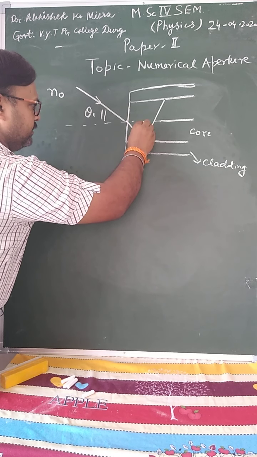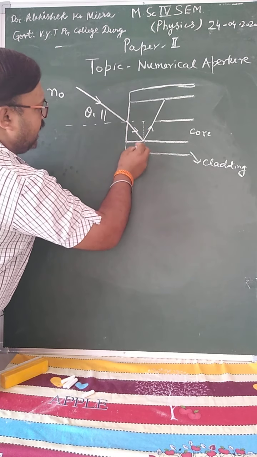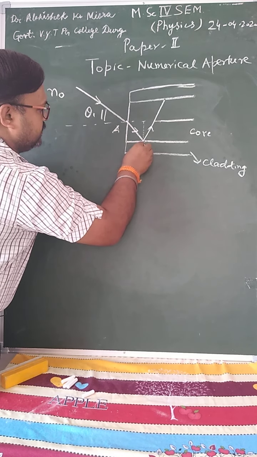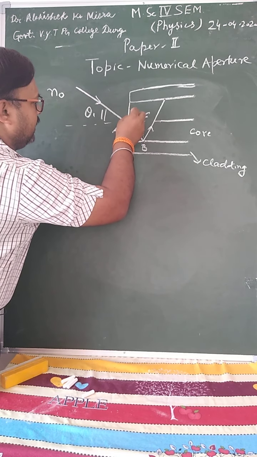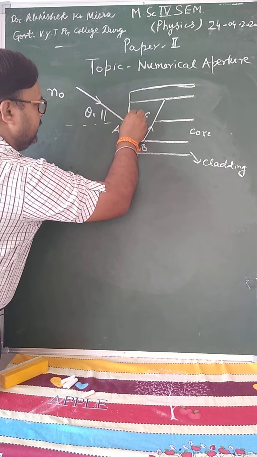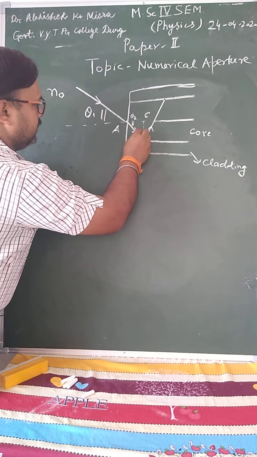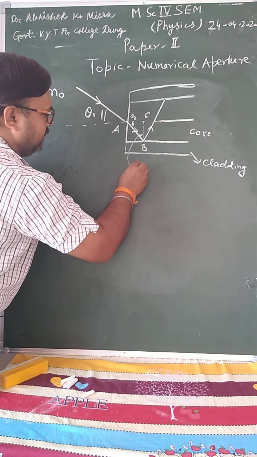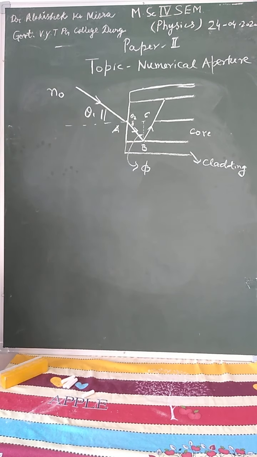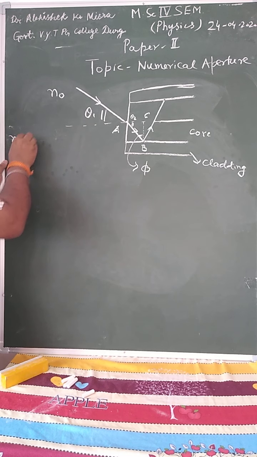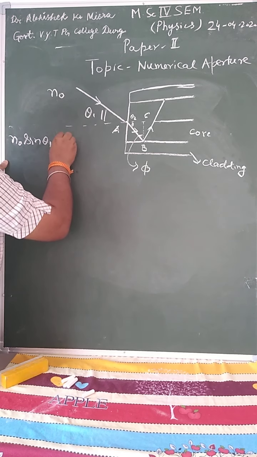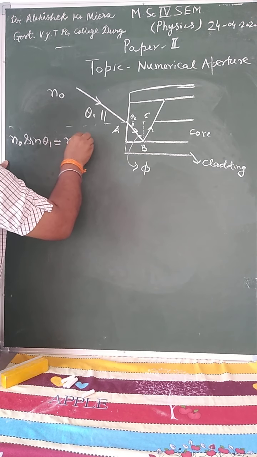At this point, if we draw a perpendicular, then A, B, C. This is the angle of refraction. Consider it is θ2 and that is the angle of reflection phi. Now, using Snell's law, N0 sin θ1 equals N1 sin θ2.